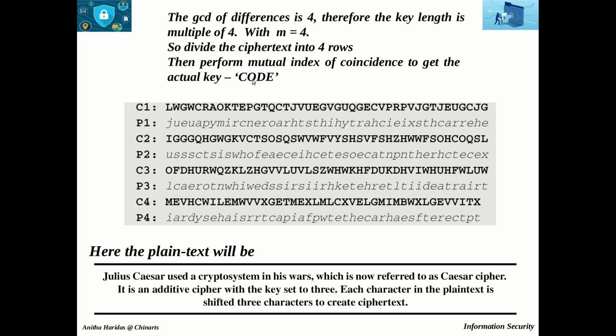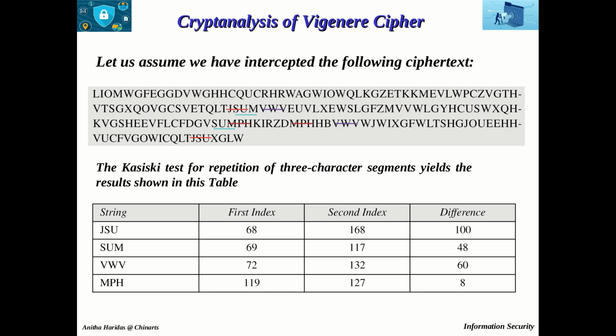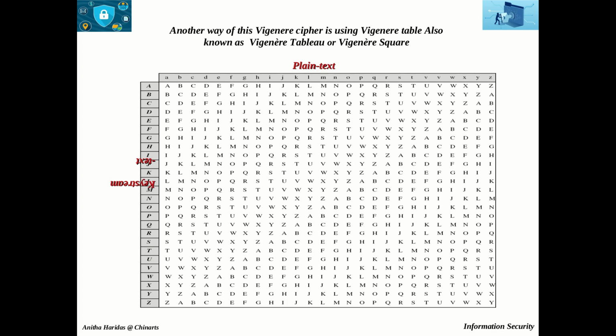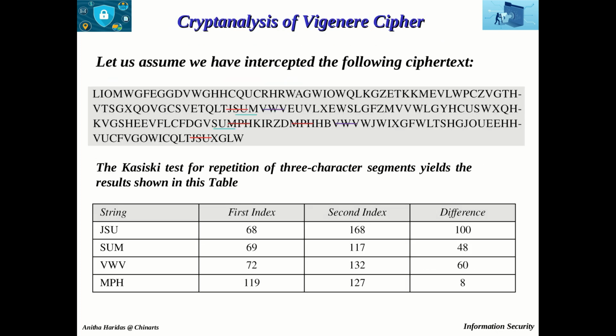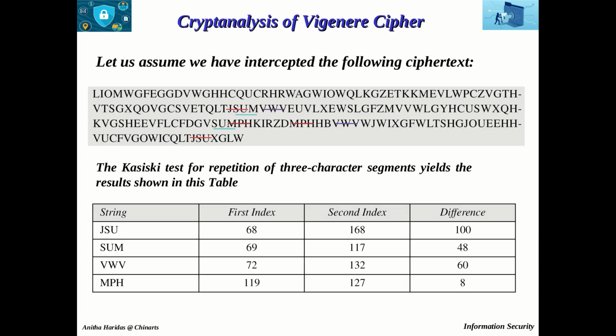So this is how the Vigenere cipher is used for encipherment, and we have also seen how we have to secure the Vigenere cipher from the Kasiski test and index of coincidence.